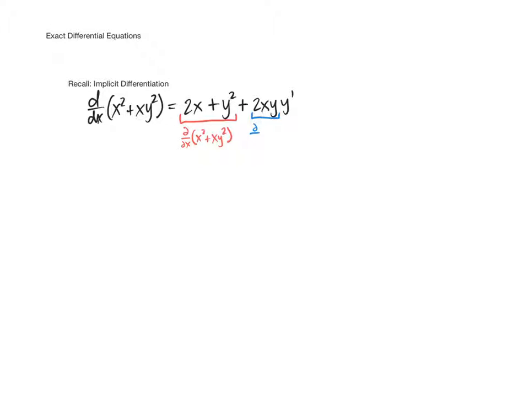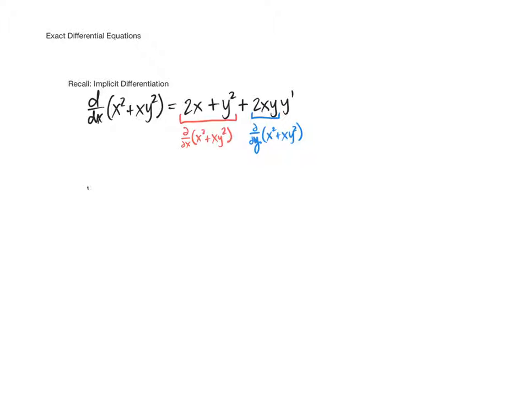That's the partial derivative with respect to y of x squared plus xy squared. So I have this partial derivative with respect to x plus the partial derivative with respect to y times y prime. So that's what we see.